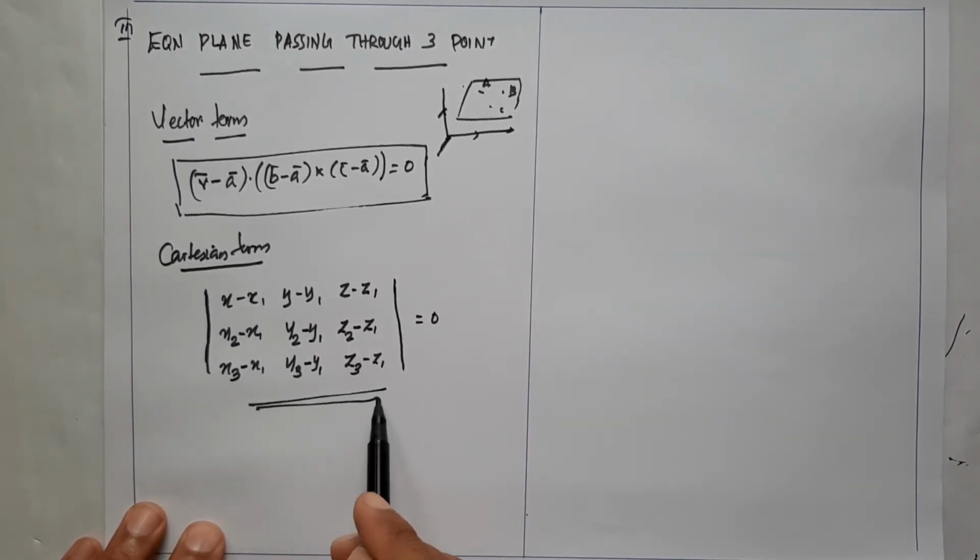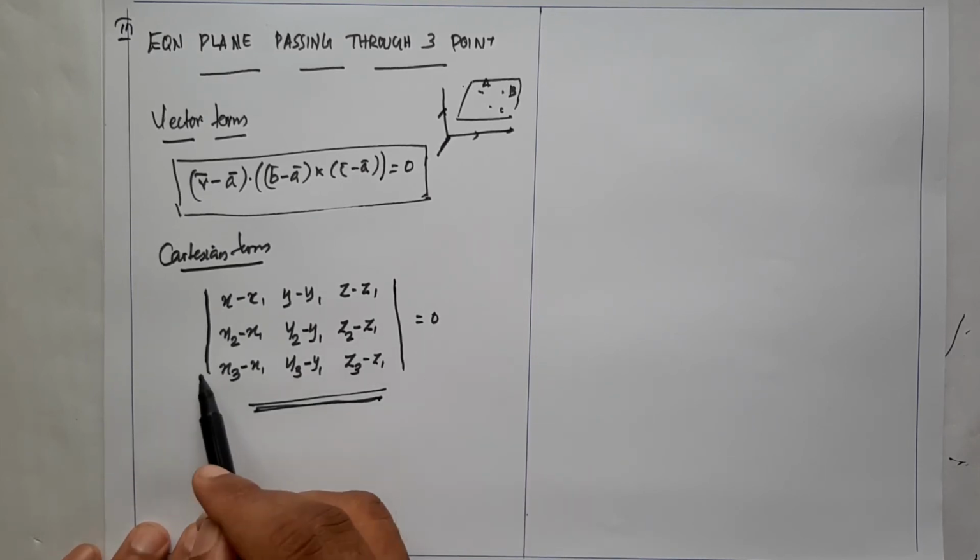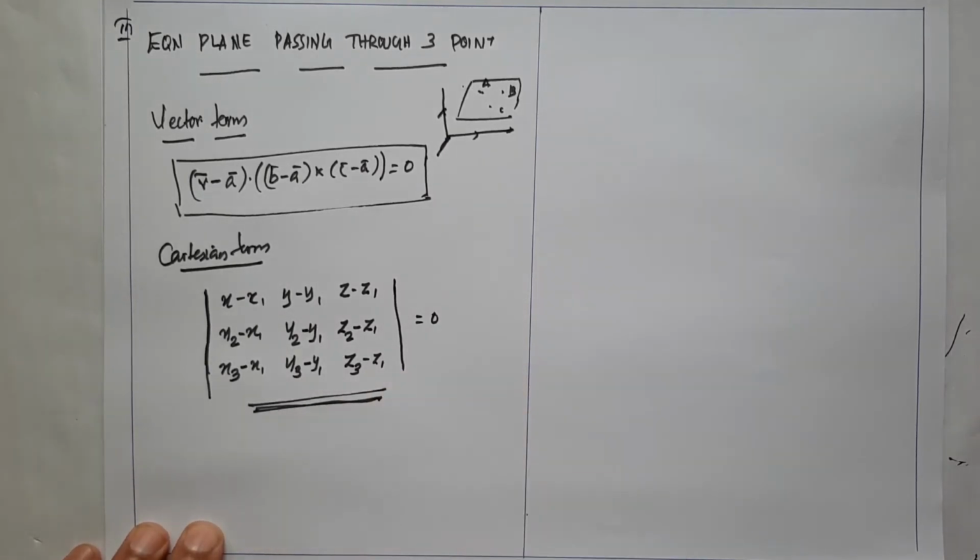The equation of a plane passing through three fixed points: the first point coordinate is x1, y1, z1, the second is x2, y2, z2, and the third is x3, y3, z3.